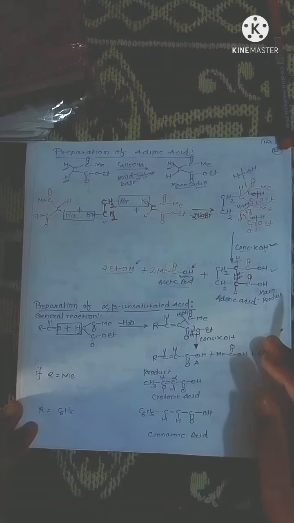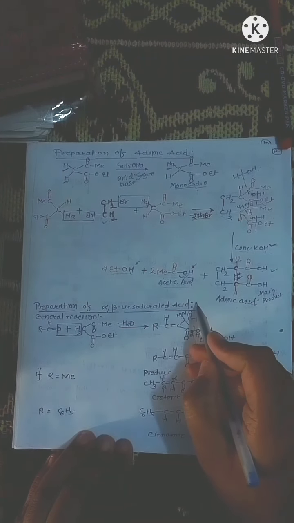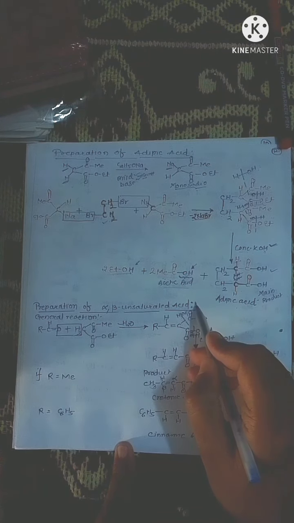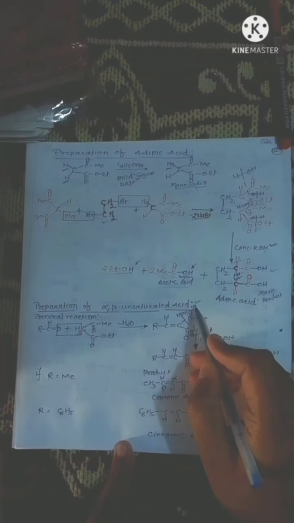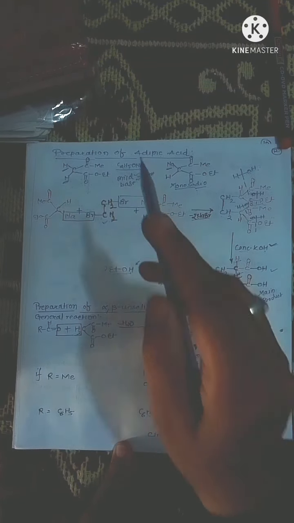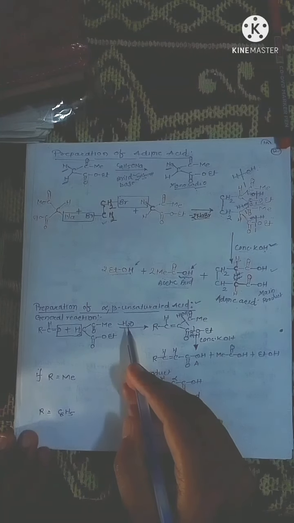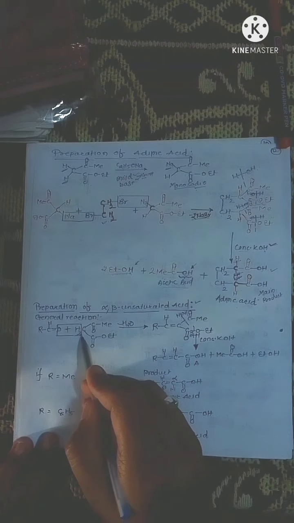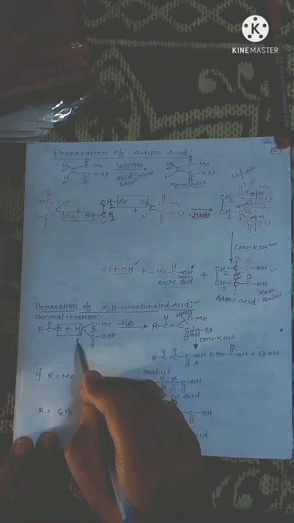acetoacetic ester. Now how are we going to synthesize alpha beta unsaturated acid by using acetoacetic ester? So we know that these two hydrogens in acetoacetic ester are active hydrogens.